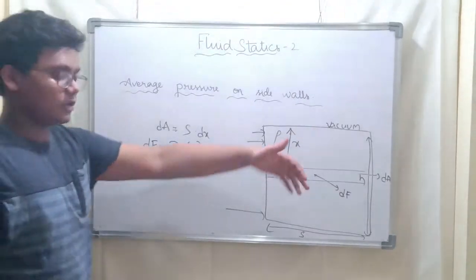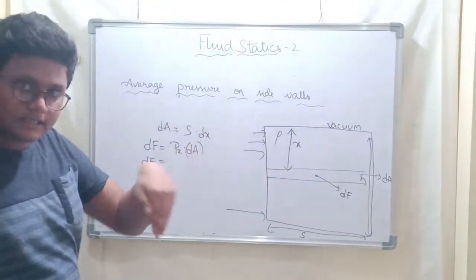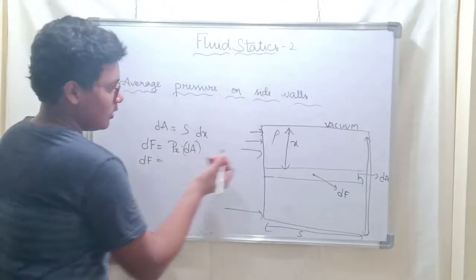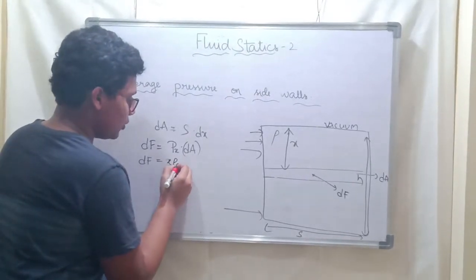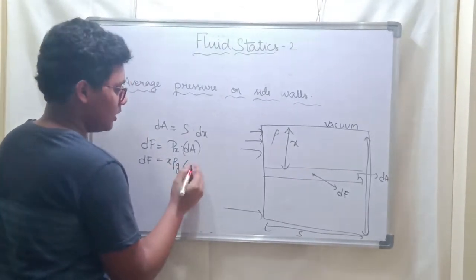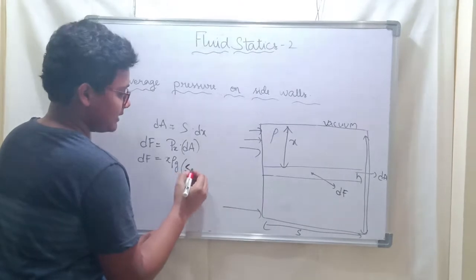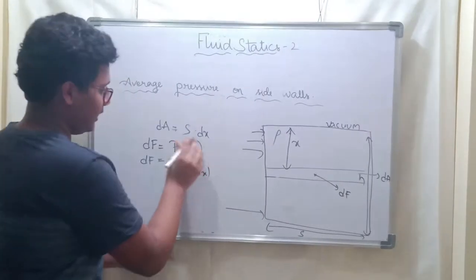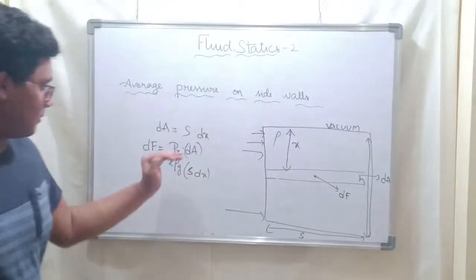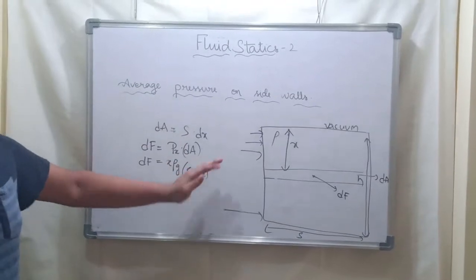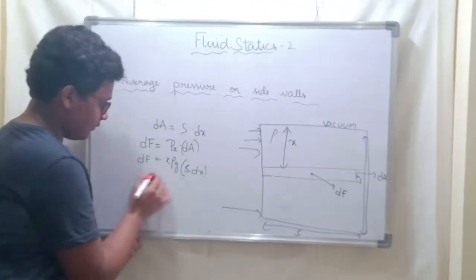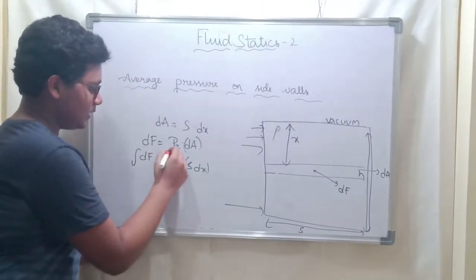So dF is x rho g into s dx. We got dA equals s dx and substituted that value. So we'll integrate both sides.